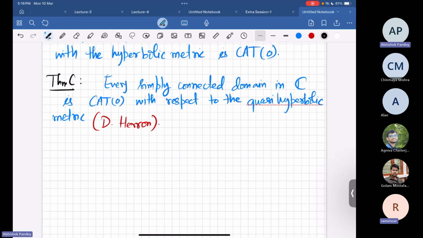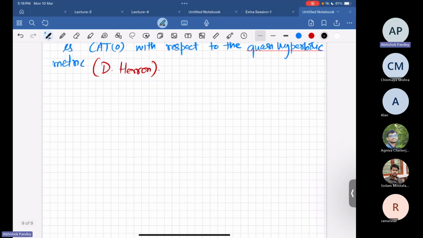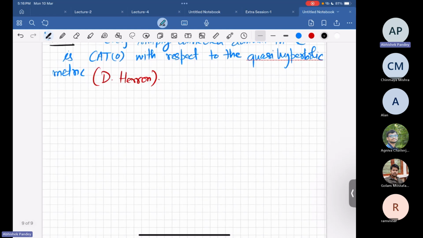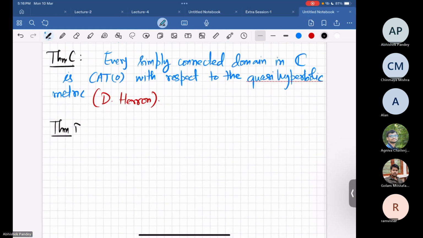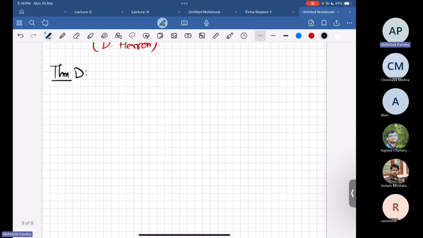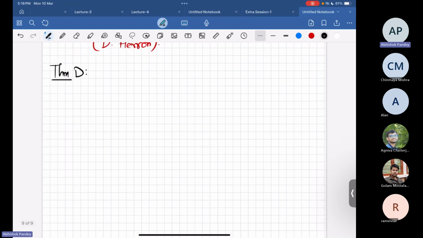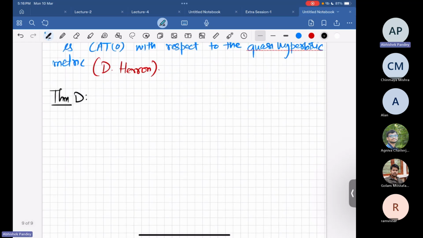And the other thing, I kind of forgot this one. There's a recent work on the, I will mention this when I upload the notes, regarding a Kobayashi hyperbolic domain.